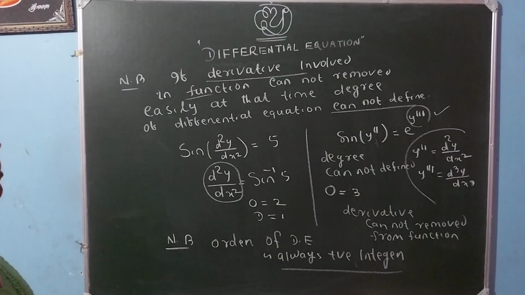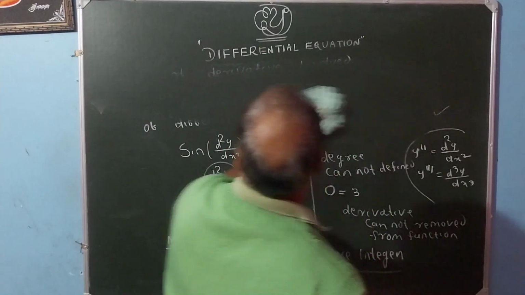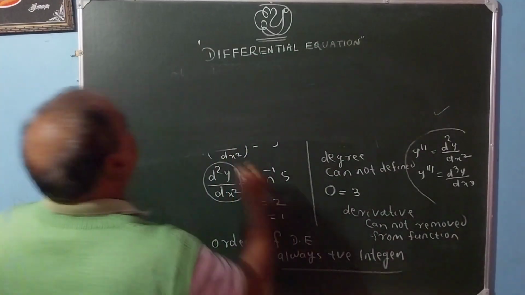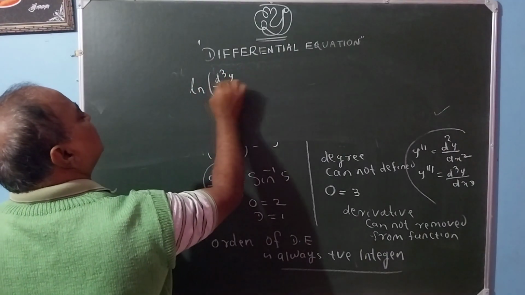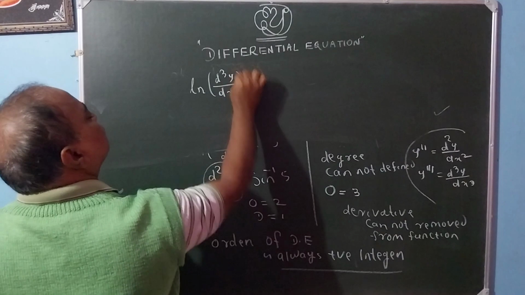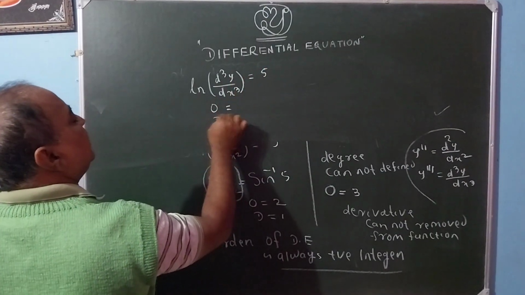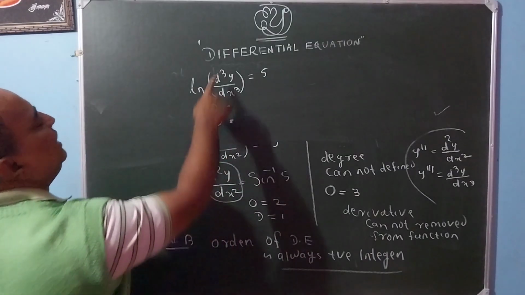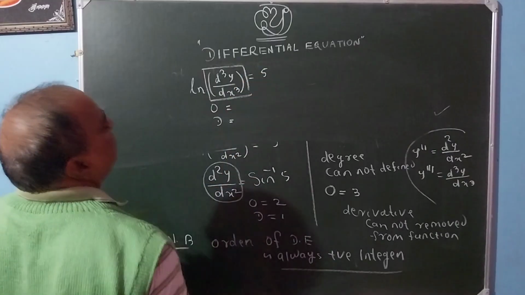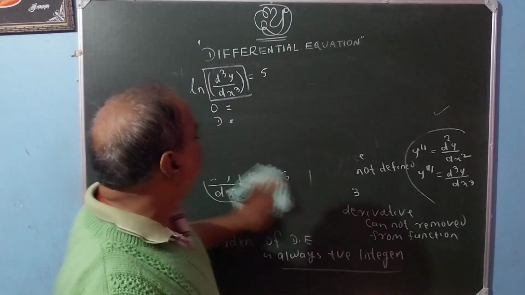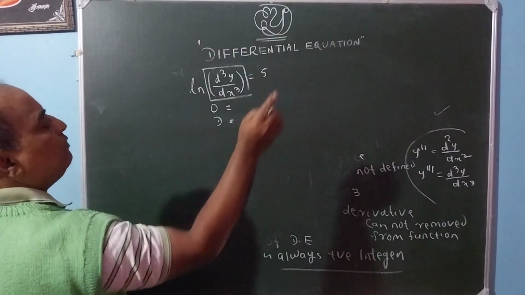So write down another question. Suppose the question is like this: ln of d cube y/dx cube is equal to 5. What is the order? What is the degree? So ln of this is equal to 5, so this is equal to e to the power 5. The derivative involved in a function can be removed easily.